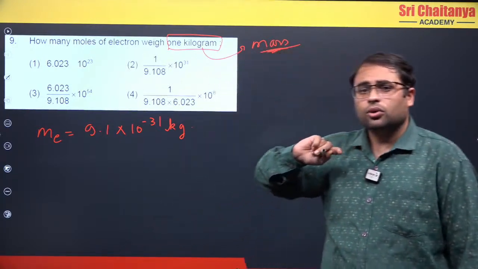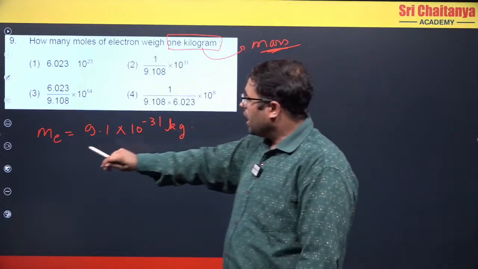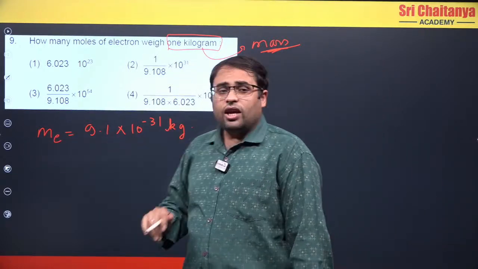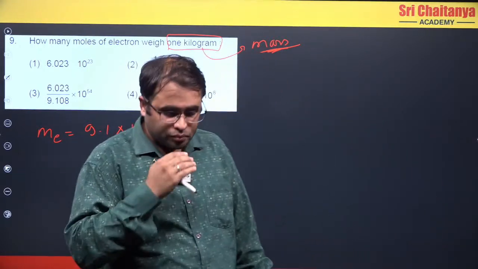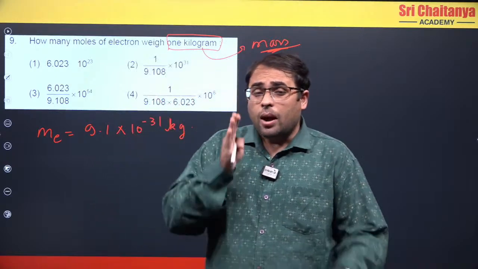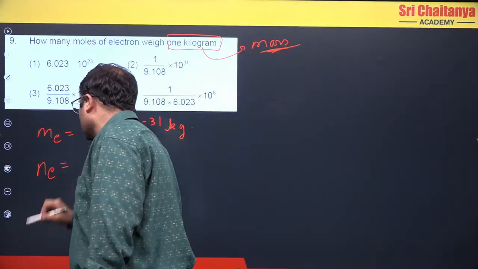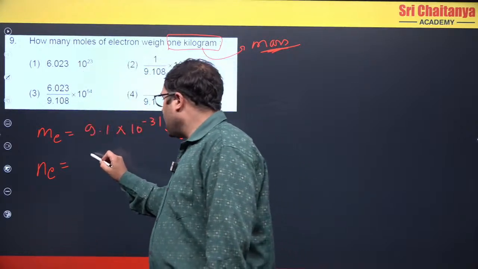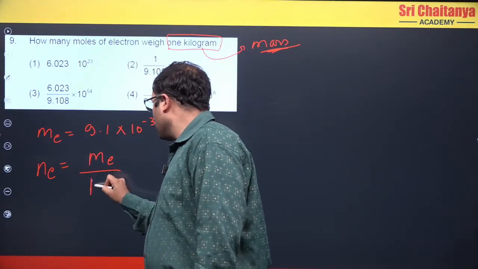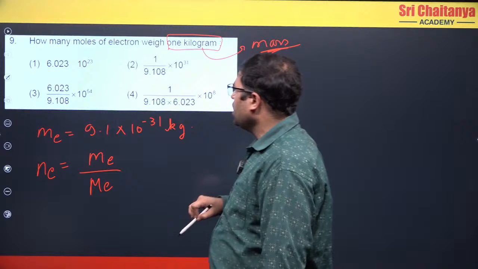Hi Gajendra, nice to see you joining in. So we already know that you can convert mass to moles by dividing by molar mass. So find the number of moles of electrons by dividing mass of electron by molar mass of electron, right?